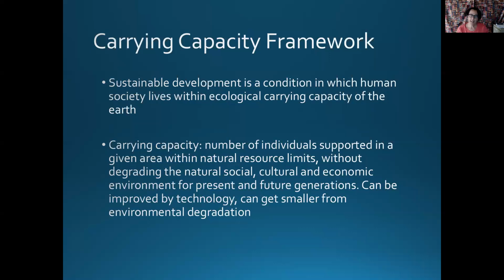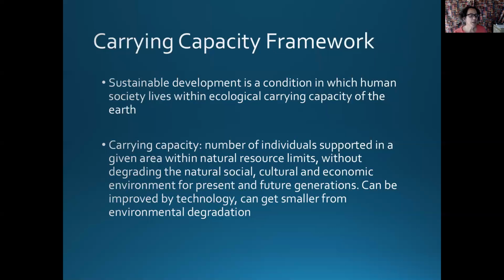So what's carrying capacity? Well, it's really a definition from ecology. So if you think about deer, or not rabbits, because their population goes like this, but think about, well, so does deer. Okay, think about deer. A number of individuals who are supported in a given area within the natural resource limits without degrading the natural, social, cultural, and, back to a human definition, economic environment for present and future generations.